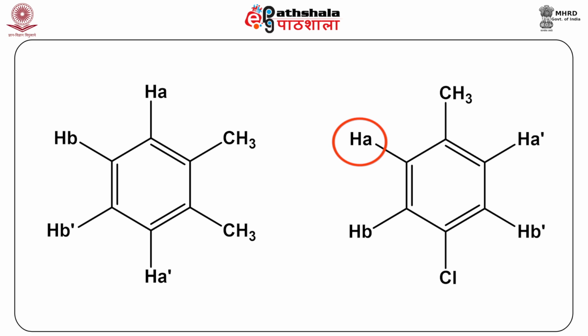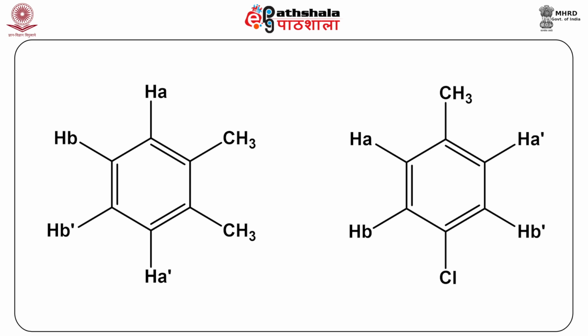The HA proton at C3 position has a 3J coupling to the nearest HB proton, at C2 position, and a 5J coupling to the HB dash proton, that is the proton at C6 position. Thus, the proton being observed has different coupling constants to the two different chemically equivalent protons, that is HB and HB dash. Hence, both HA protons are not magnetically equivalent.